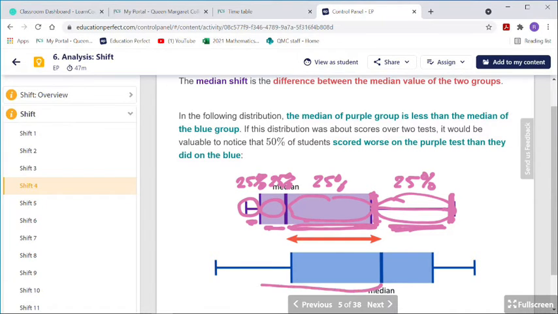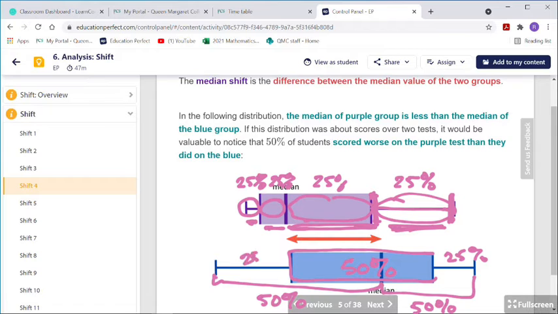So the median to the minimum is 50%. The median to the maximum is the other 50%. Two quartiles. See how that works? And since this is two boxes, that's 50% of the data, whereas that would be 25% at this end and 25% at the other end.